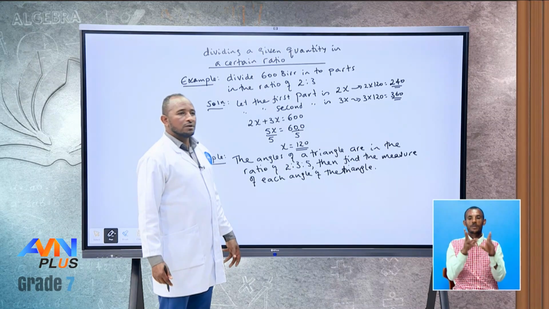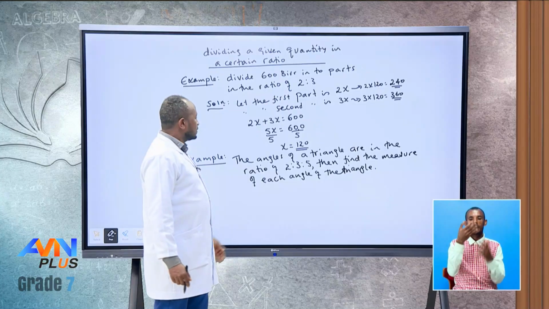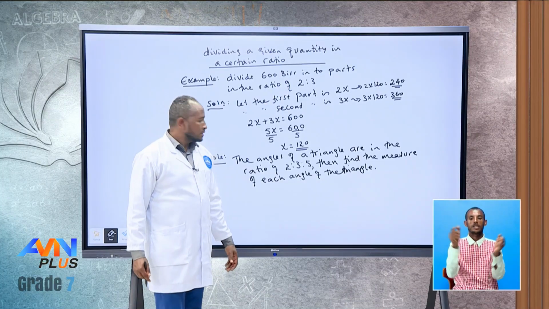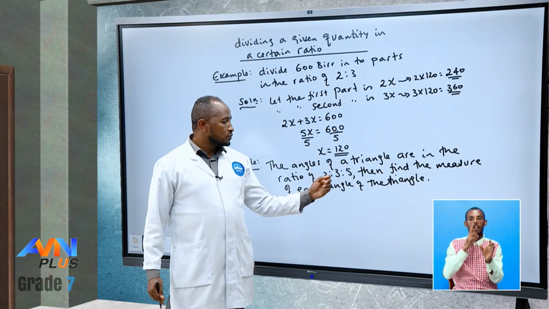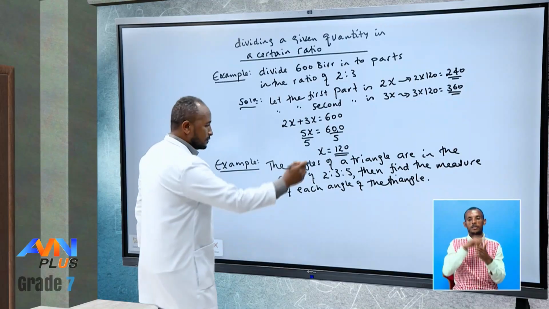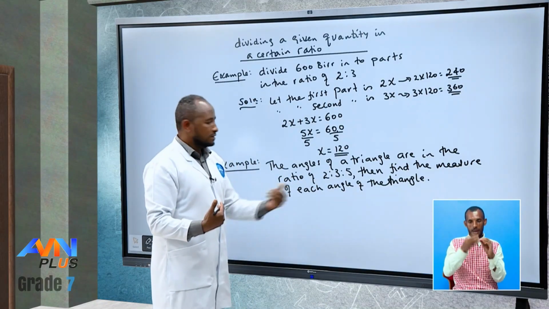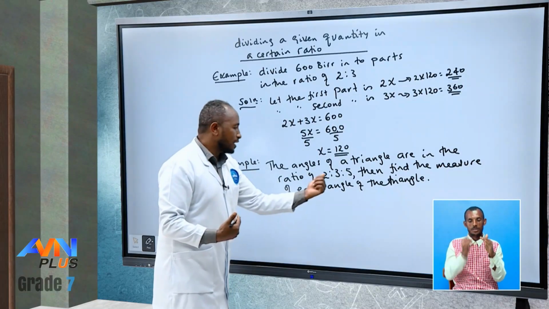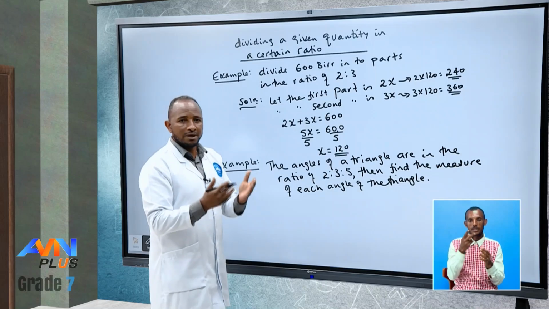Okay, students, have you tried the question? Good. Now, let's see the answer together. Here, the three angles are in the ratio of 2:3:5. Therefore, to find the original numbers, since this is the lowest term, you have to multiply each by a certain number. Let's say that number is x.